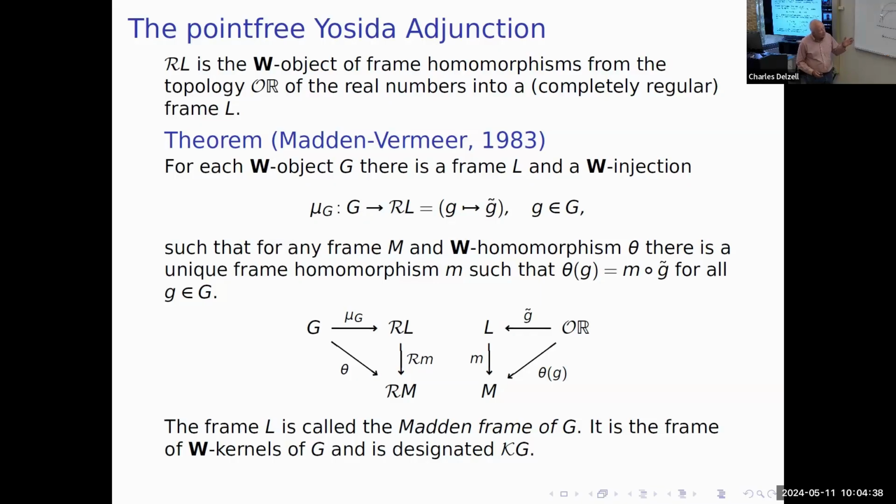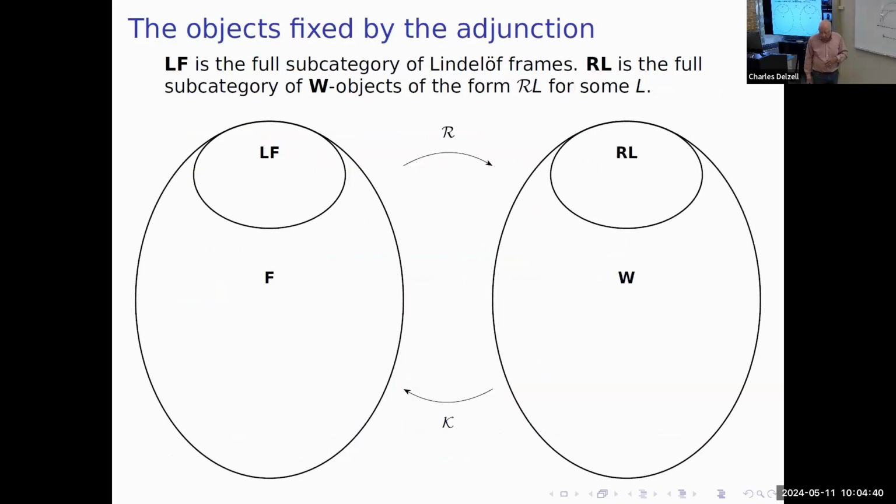So this is the format that we would like to have in the case of uniform frames. In the classical situation, of course, and in the presence of any adjunction, the attention is immediately focused on the fixed objects. So, for example, if you start with a W object and extract its Madden frame and then look at R of that, the question is, what have you got?